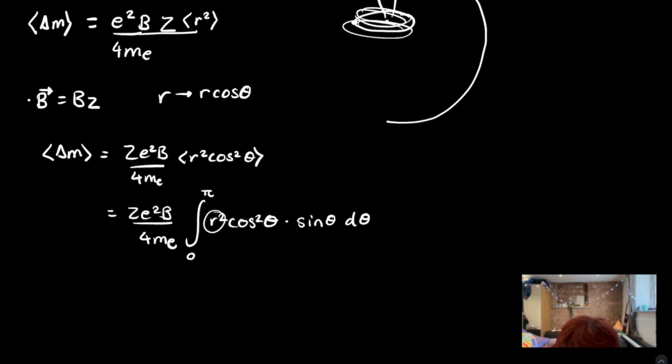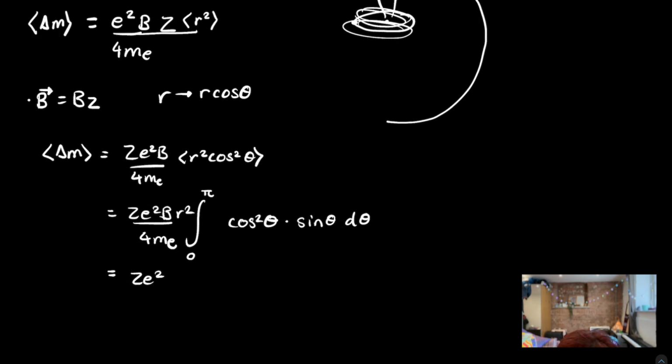Now, this r squared is of course a constant in terms of theta, so we can actually move this outside the front right here. And we have this integral of cos squared theta times sine theta over theta between 0 and pi. Now, this is actually quite a common integral, so it might be worth actually going through and learning how you do the integral, but once you kind of remember the result, it might be worth just sort of holding on to that result.